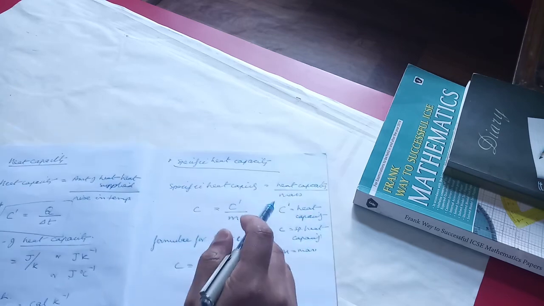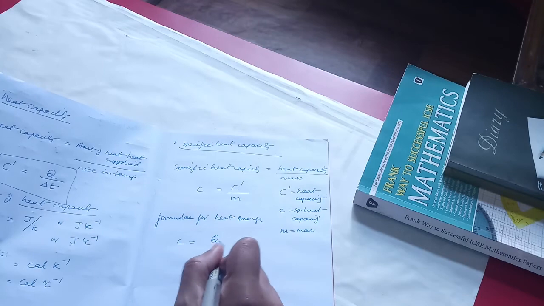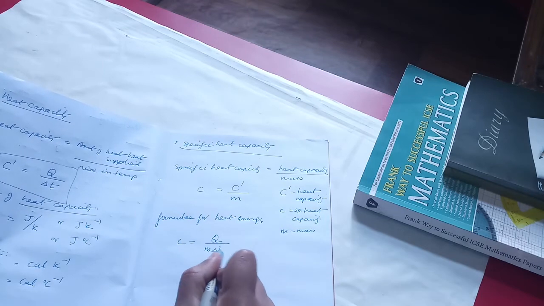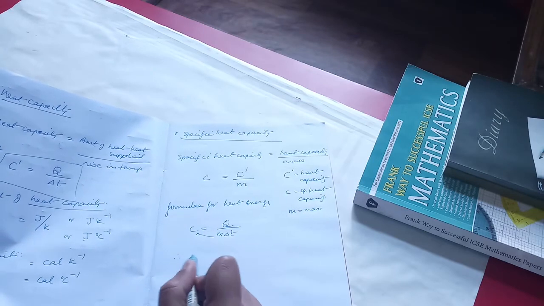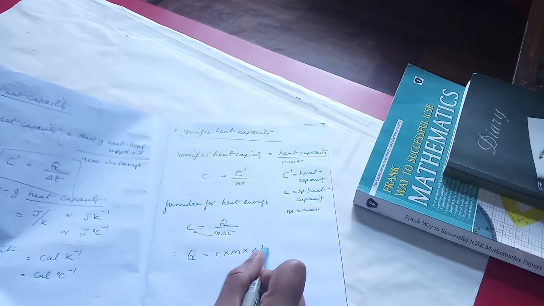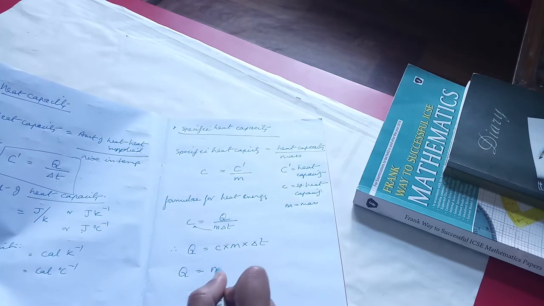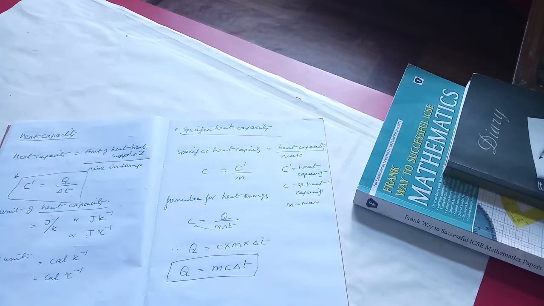We have just learned the formula for the heat capacity, which is Q by delta T. You substitute here like this, and then cross multiply, so the heat will be C into M into delta T, or we can write it as MC delta T. This is quite important.